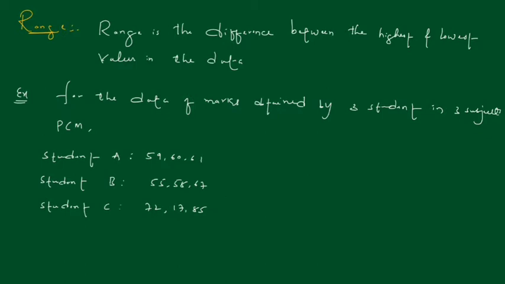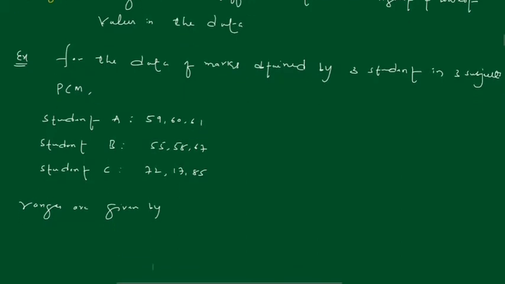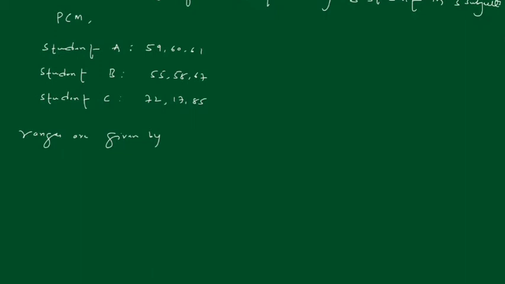So let's see the ranges here. Range of marks of student A is the difference between the highest and the lowest value in the data.